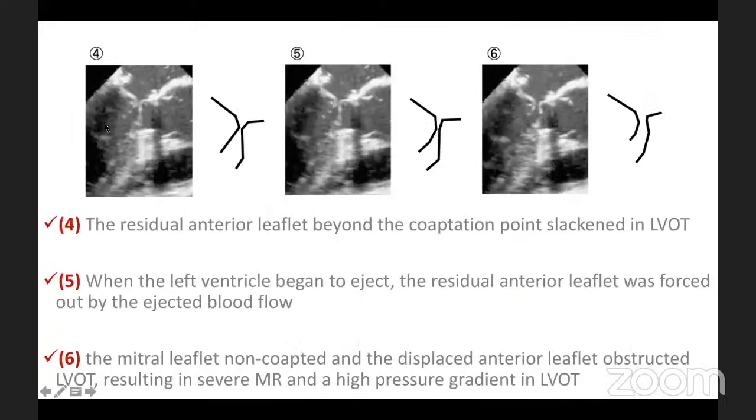After that, in number 4, the residual anterior leaflet beyond the coaptation point is sucked into the LVOT. In number 5, when the left ventricle begins to eject, the residual anterior leaflet is forced by the ejected blood. And in picture 6, the mitral leaflets are non-coapted and displaced anteriorly, obstructing the LVOT, resulting in severe mitral regurgitation and a high pressure gradient in the left ventricular outflow tract.